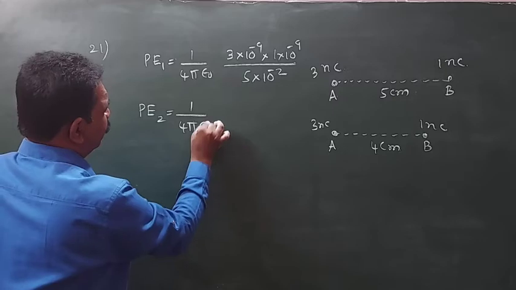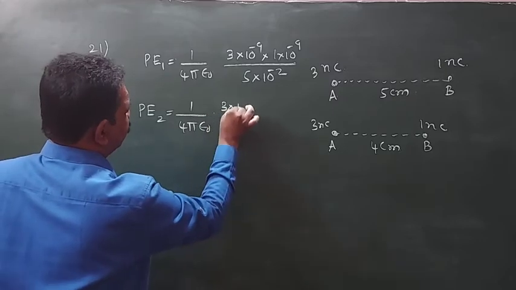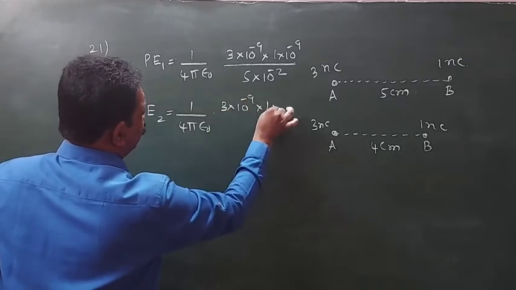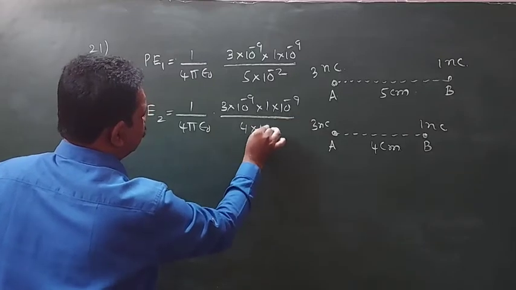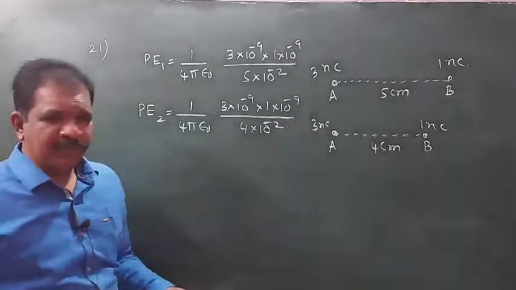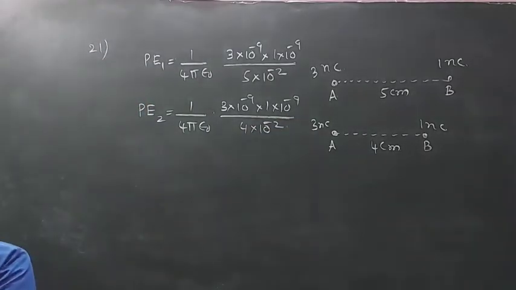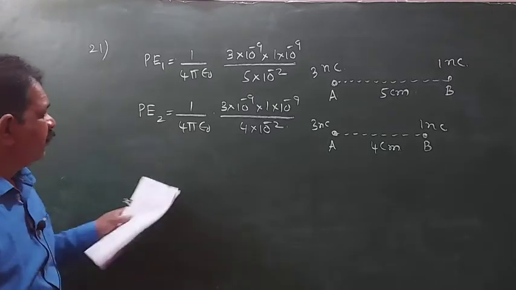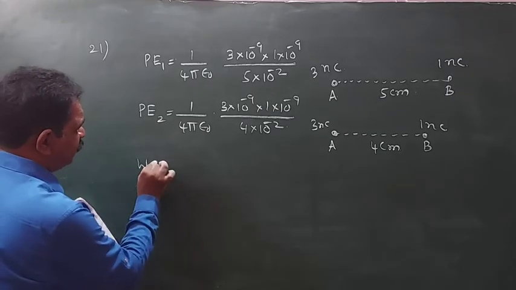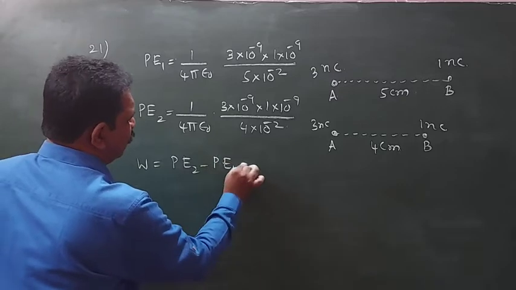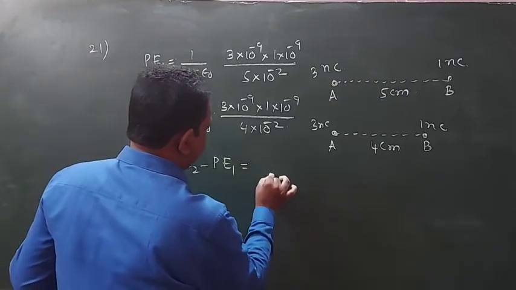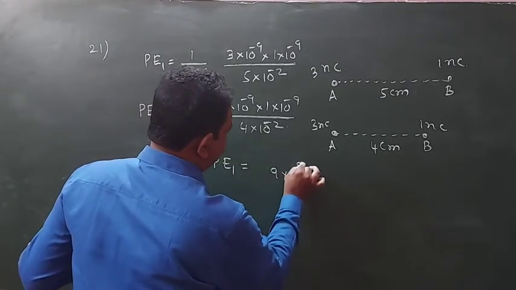1 by 4 pi epsilon naught Q1 Q2. Now the distance is 4 into 10 power minus 2. Now work done is equal to change in PE. 1 by 4 pi epsilon naught means 9 into 10 power 9.